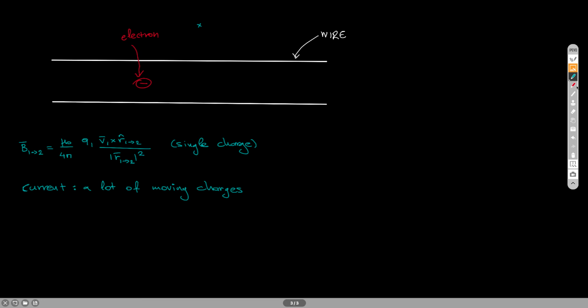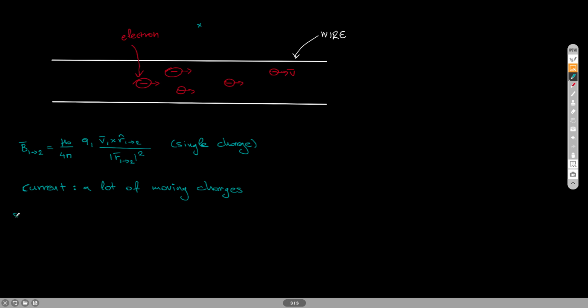So this would mean that I got that electron moving, say this way, and this is moving that way, and another one moving that way, and plenty more moving in the same direction. Many more.